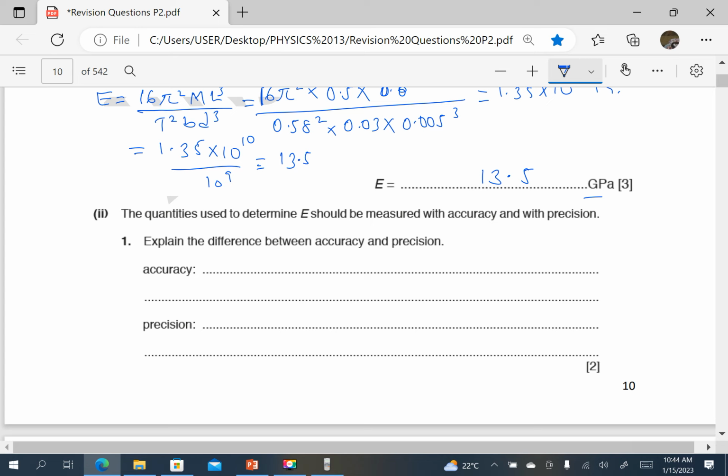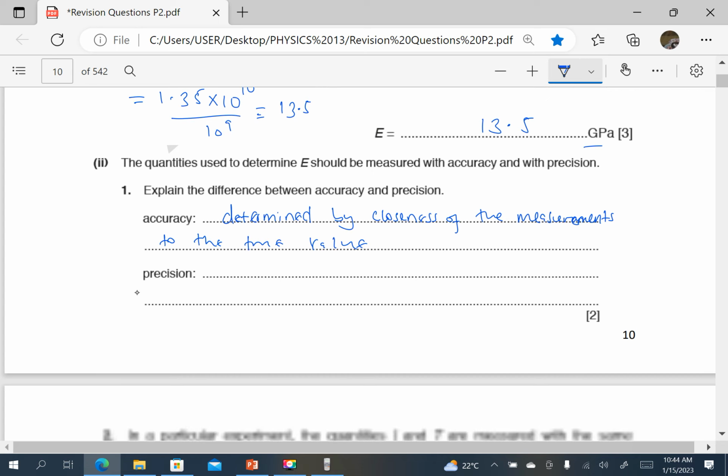So accuracy is going to be determined by the closeness of the measurements to the true value. And the precision will be determined by the range of the measurements.